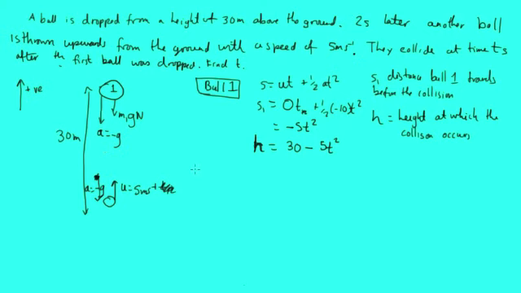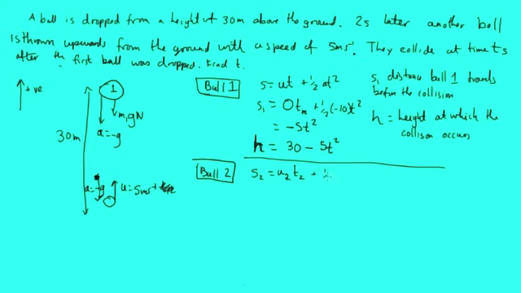Now, let's think about ball 2. The initial speed is 5. So we have s equals u2 t2 plus a half a t2 squared, and I'm putting 2 because we're dealing with ball 2.